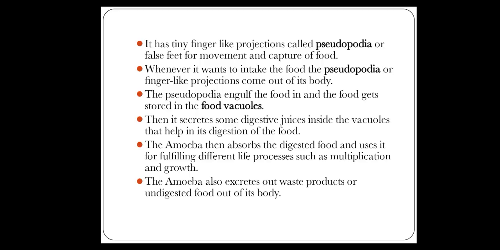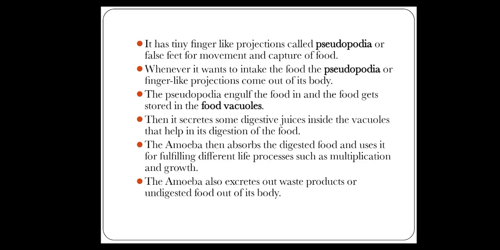So here also the processes involved are ingestion, with the help of pseudopodia they capture their food. Next is digestion. In the food vacuoles, digestive juices are secreted and digestion of food takes place.